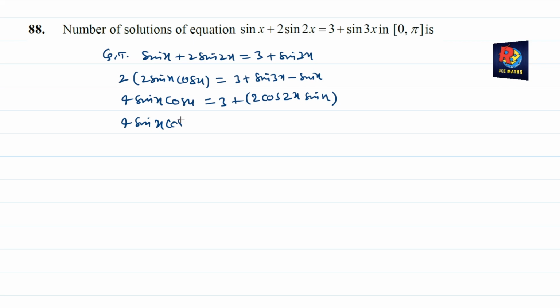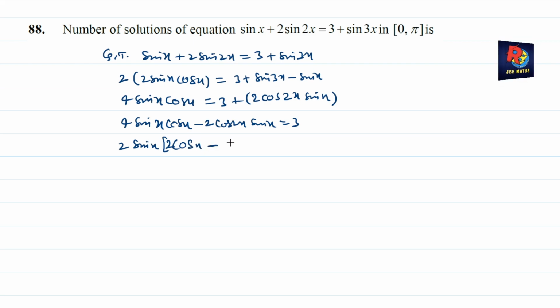4 sin x cos x minus 2 cos 2x sin x equals 3. If I take 2 sin x in common, 2 cos x minus cos 2x equals 3.